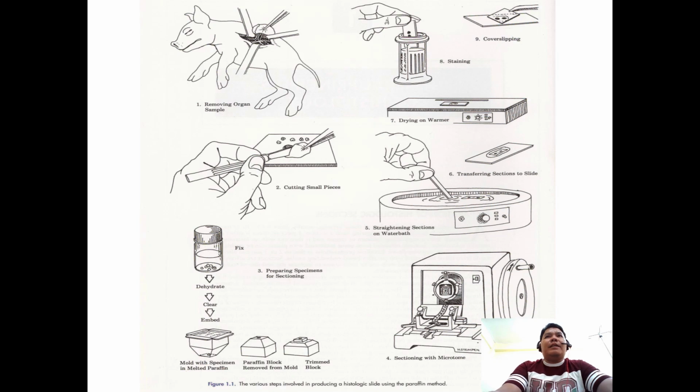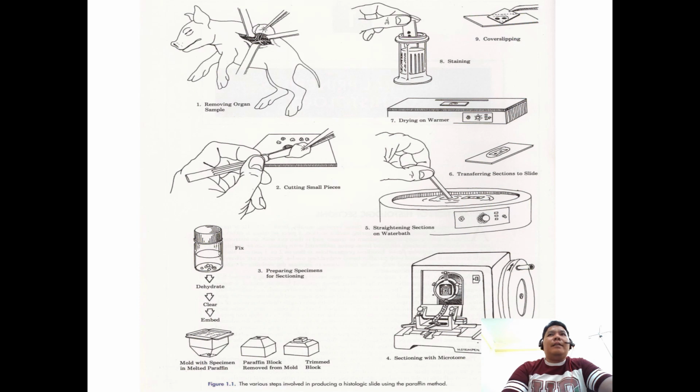Then the flattened section is fluted onto a slide, which is then placed on a warming table. As the preparation dries, the section adheres to the surface of the slide.